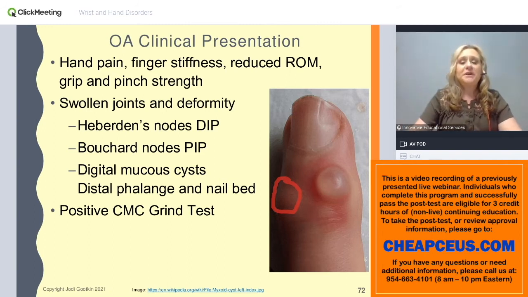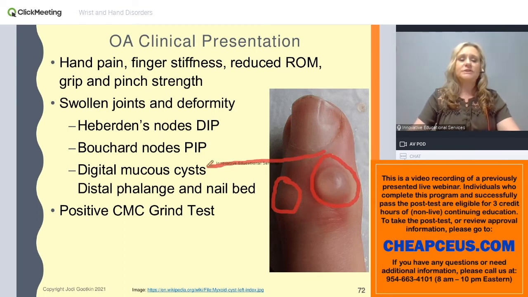When you look at a patient that may present, as on the right here, with a digital mucous cyst, it may look just like maybe a blister or some type of wart. It's kind of bluish, red, shiny, could be just like right along the edge of the nail bed even.